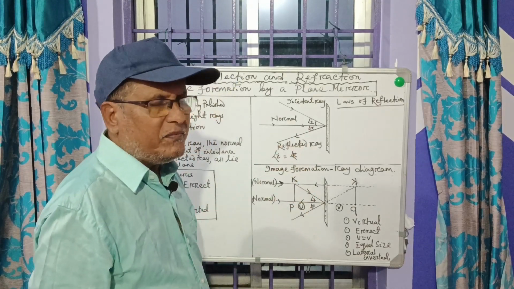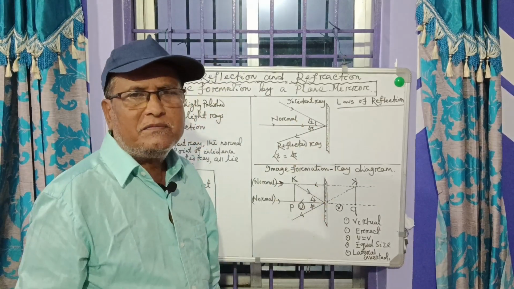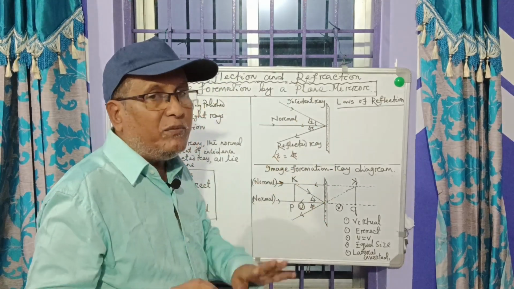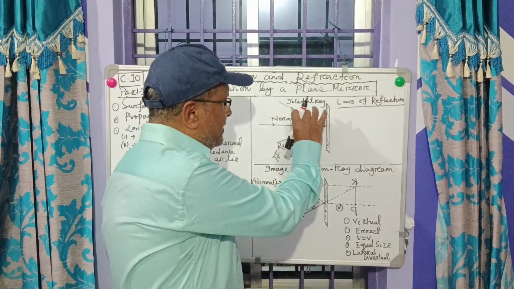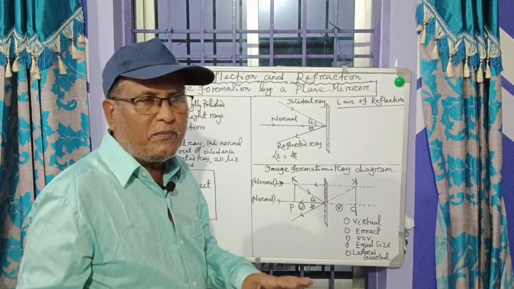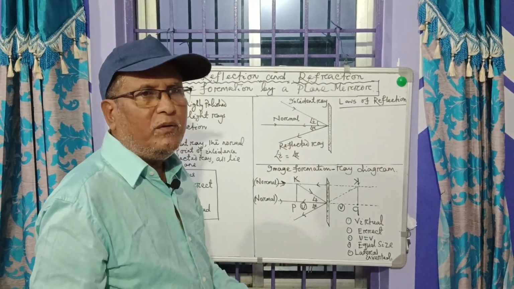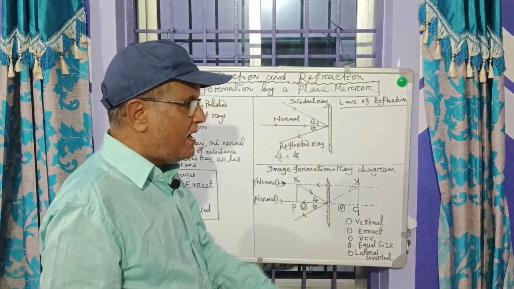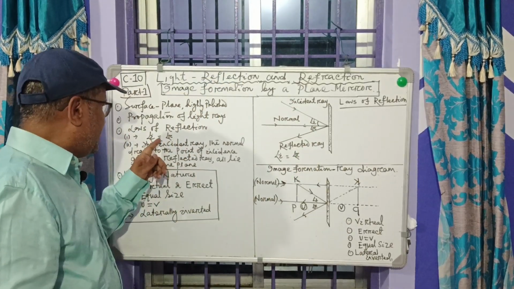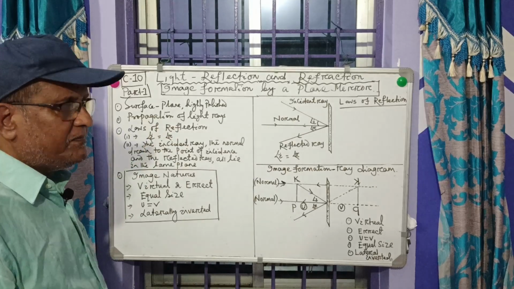The measure of the two angles is equal. If you measure using your protractor, you will observe the measure of i is equal to the measure of r. This is one of the laws of reflection.